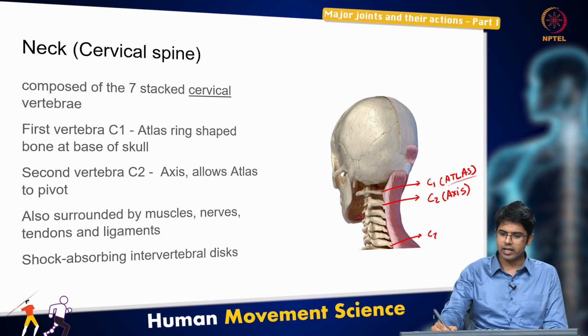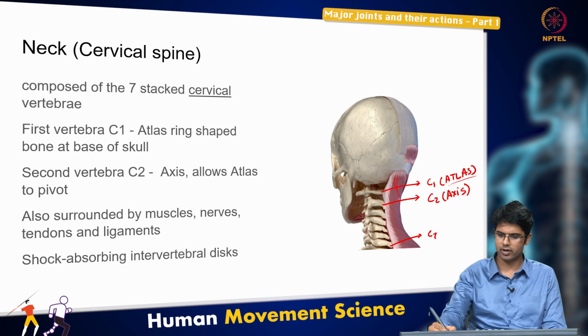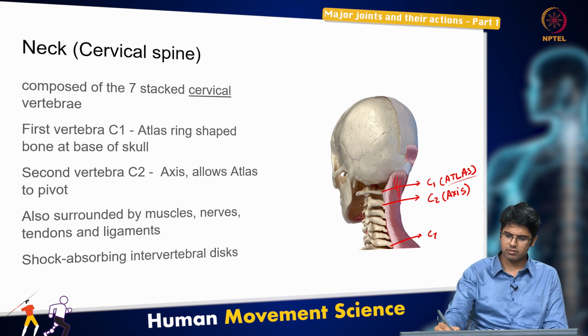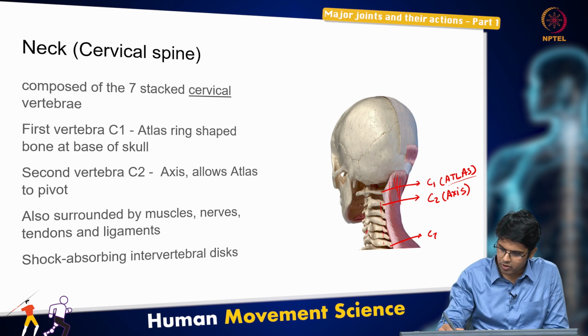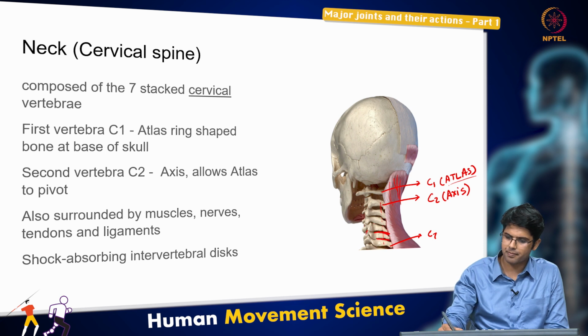This entire thing is surrounded by muscles, right? The nerves that innervate these muscles, the spinal cord that goes down here, and there are intervertebral discs in between each of these vertebrae.